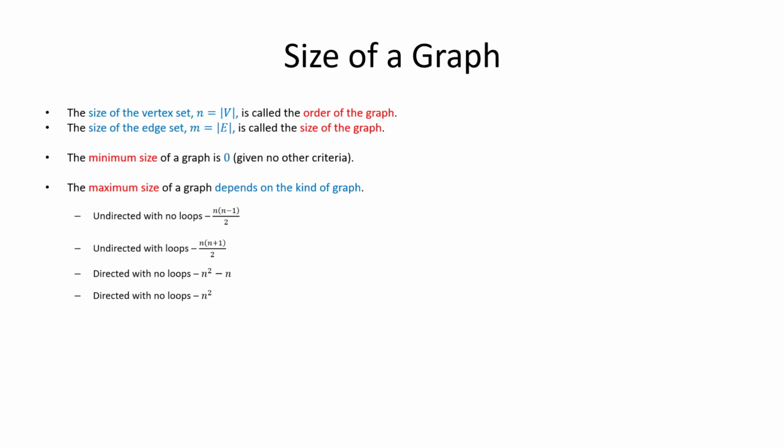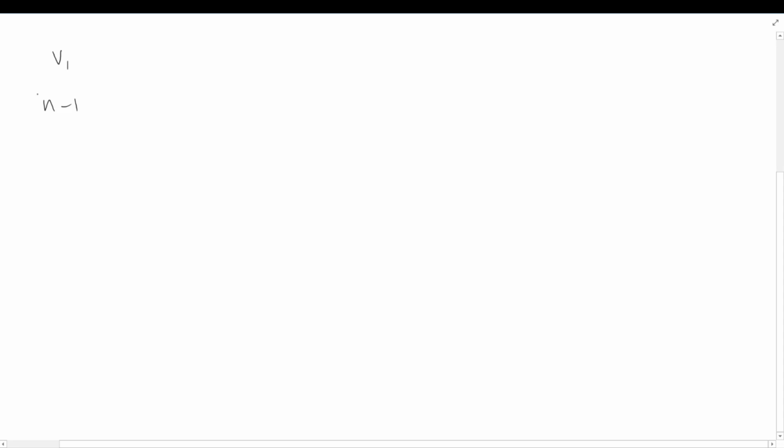Let's take some notes as we go here. So we said for v1, we can make n minus 1 edges. But v2 then could have n minus 2 edges, because we've already counted the edge between v1 and v2. So now v2 could only be connected to v3, v4 up to vn.